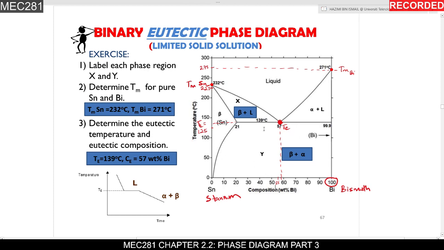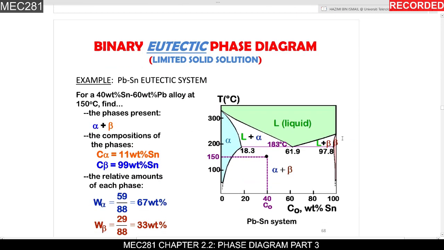And then the value of the composition is about 55% weight fraction of bismuth. So it is still the same concept to find the information using the phase diagram.